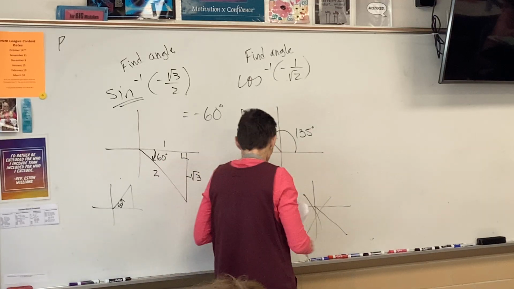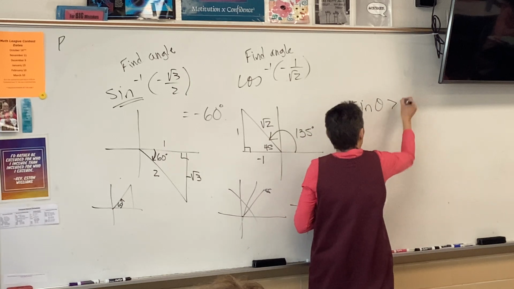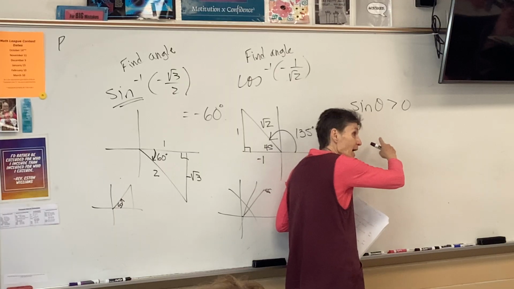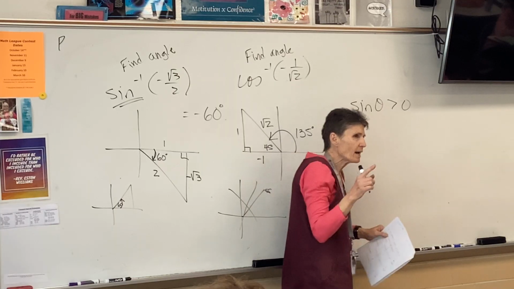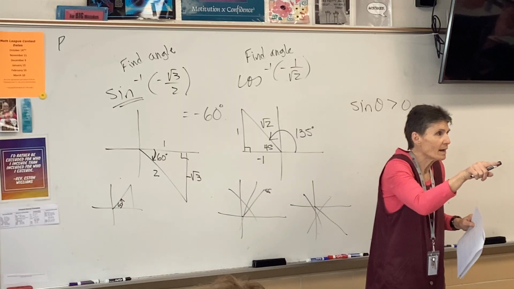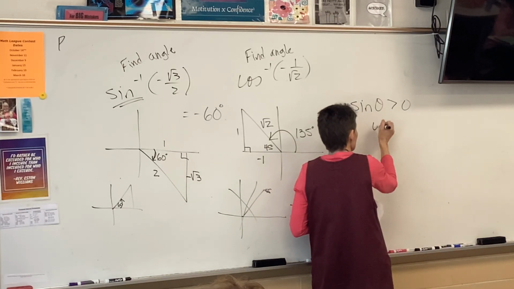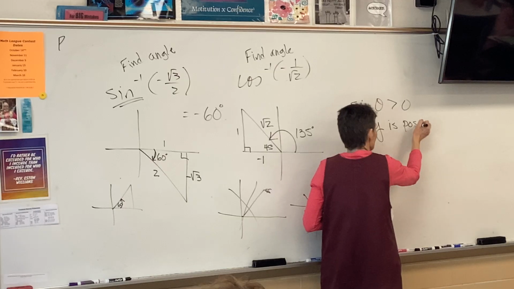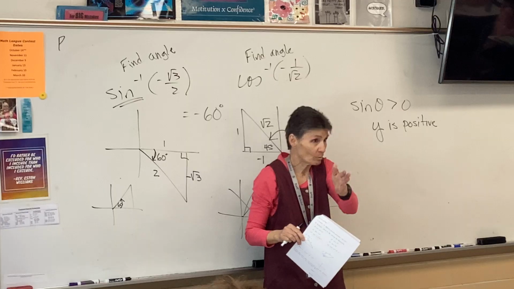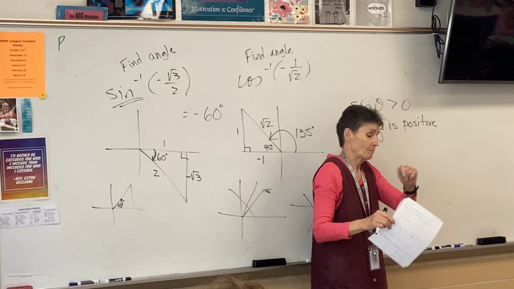Number 6. Very scary problem. What does this mean right here? That means sine is positive. And what's sine again? Y over R. So what this is telling me is y is positive. Sine is associated with y over r, so whatever sine is, y is.